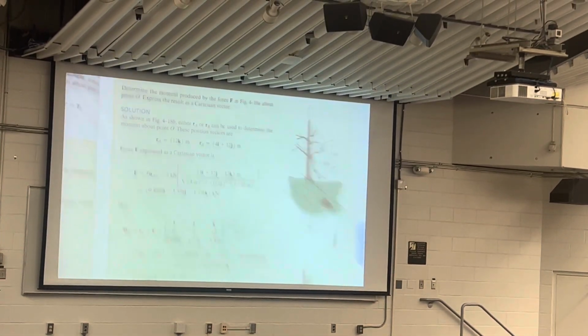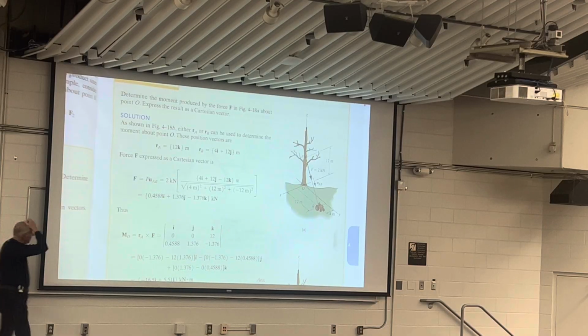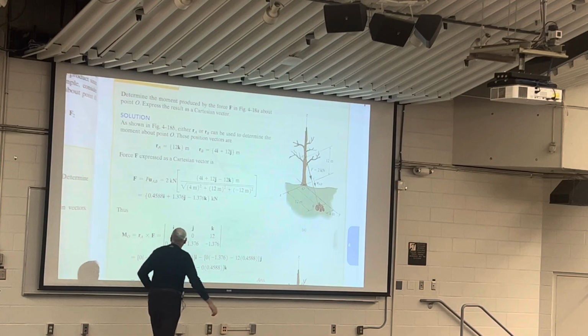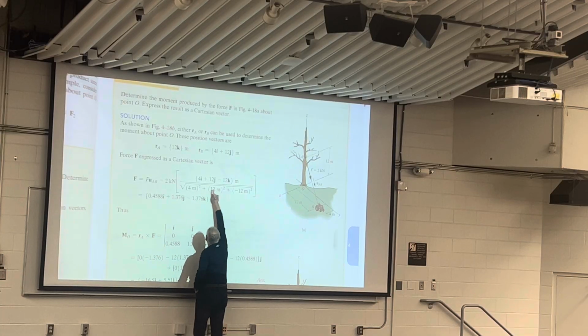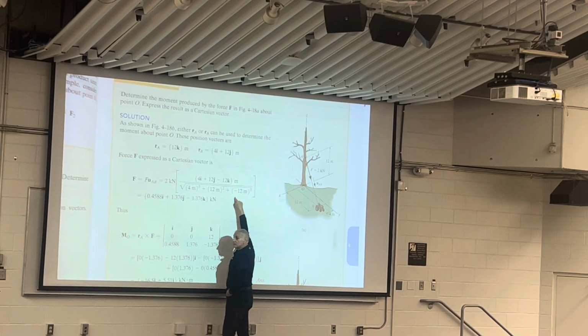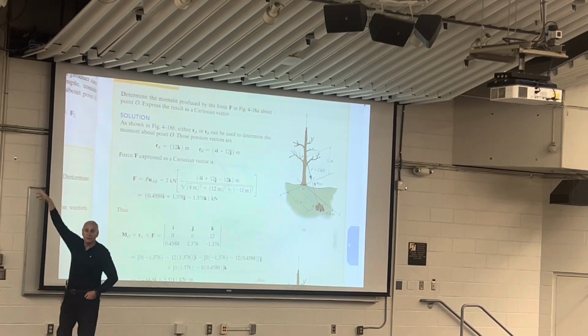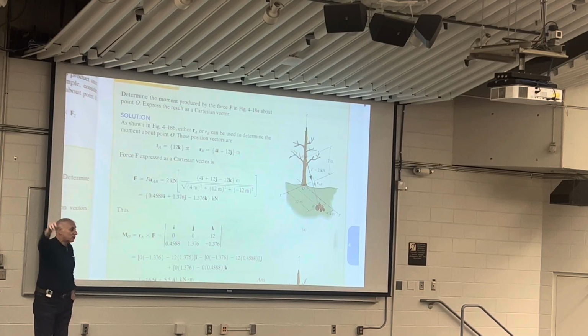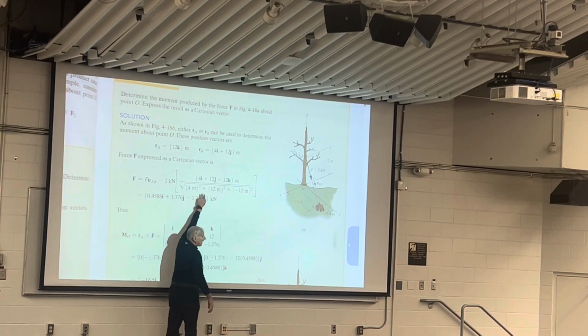So look, in 3D, this is an example problem. There's the force magnitude. There's the vector, and that's the magnitude of it. So the unit vector is, this is the force, and that's the unit vector.